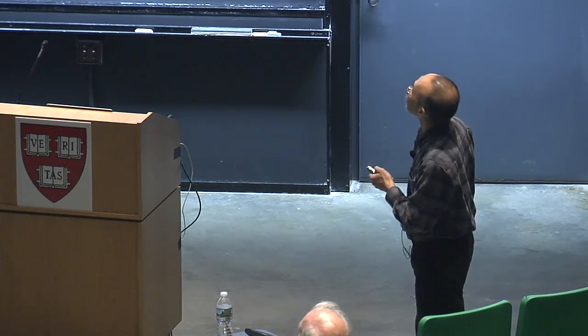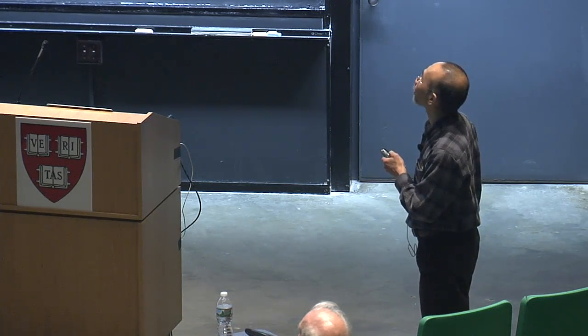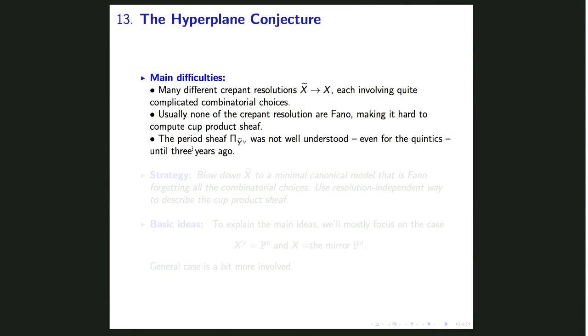The second difficulty is that none of the crepant resolutions are Fano, even though you start with something that is Fano. So it makes it hard to compute the cup product when you're cupping with something that is not an ample divisor. Okay, and the third difficulty is that even the period sheaf itself.